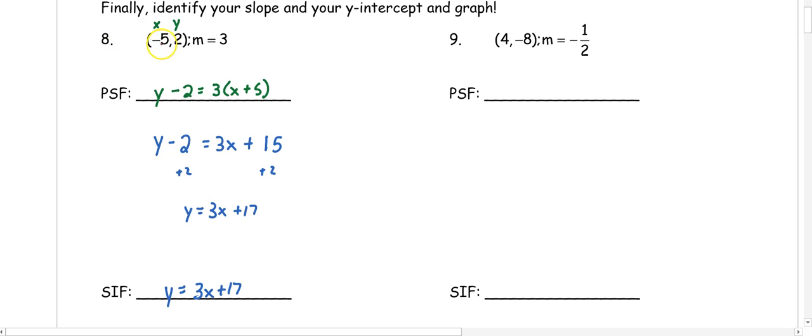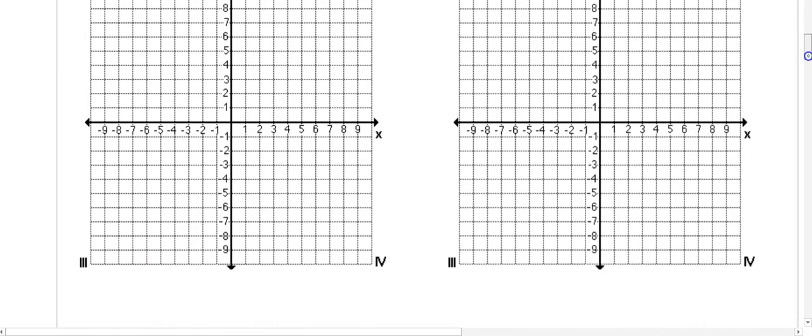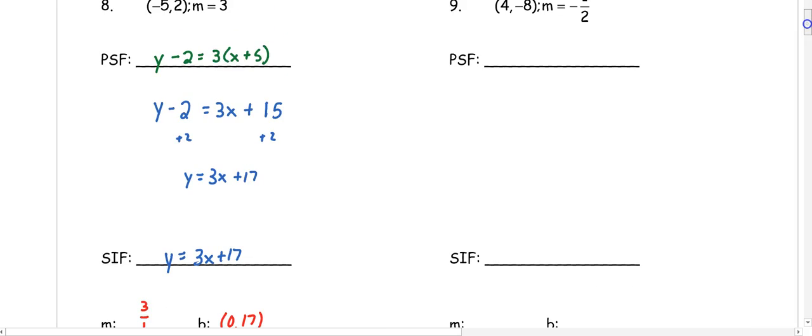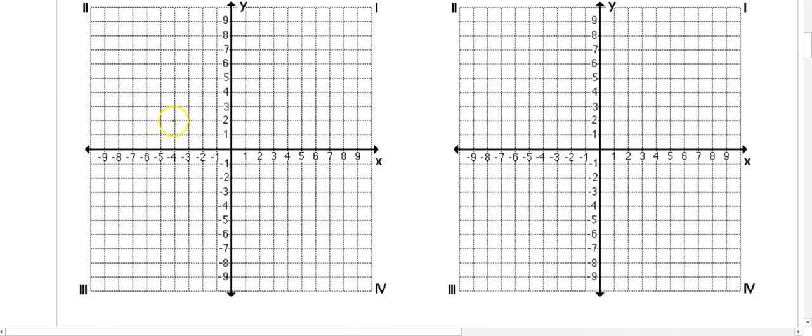Our point is (-5, 2). So we're going to go to (-5, 2), and then we're going to use a slope of up 3 over 1 in order to graph our line. Remember that we only need to do this if our y-intercept was too large to fit on the graph that we were given.